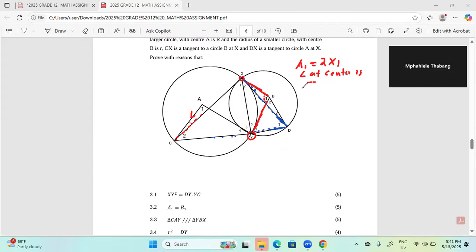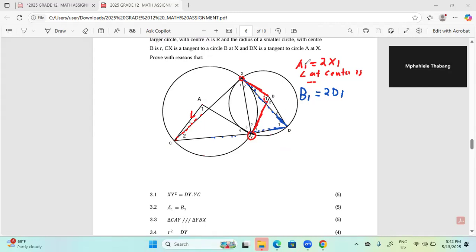So we say, okay, B1 is twice D1, angle at the center is twice the one at the circumference. So B1 is twice D1. Okay, so A1 is twice X1, B1 is twice D1.